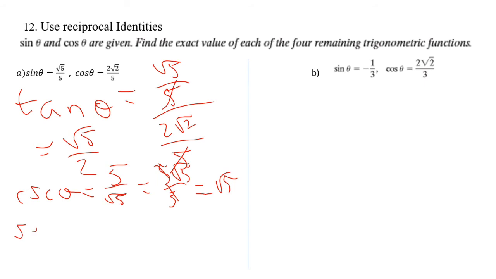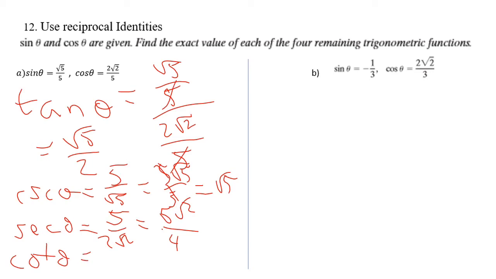Secant, if I flip that, it's 5 over 2 root 2, which is equal to 5 root 2 over 2 times 2 is 4. And that's that. And then for cotangent, we just need to flip tangent. It'll be 2 over root 5, which is equal to 2 root 5 over 5. And that's that.